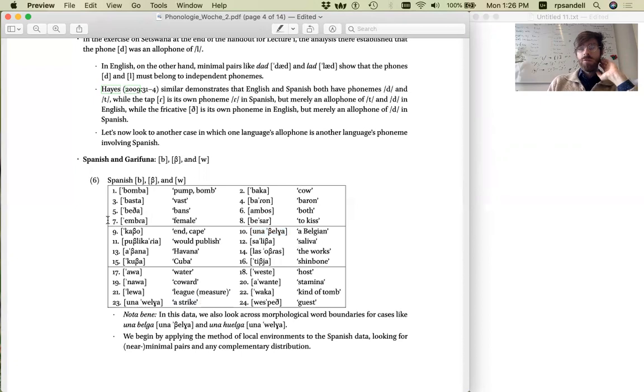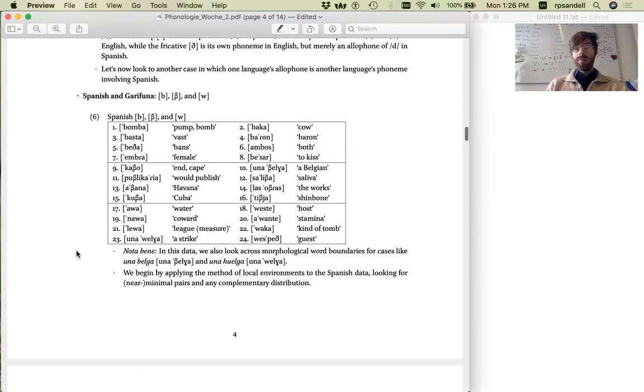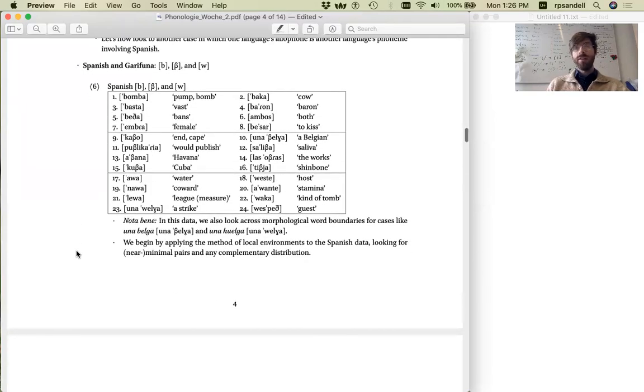And for the purposes of the phonology, we're going to ignore those morphological word boundaries. Those probably constitute one phonological word, the combination of the indefinite article and the nominal form. So to begin, we will apply the method of local environments that we learned about in last week's lecture and exercised a little bit.